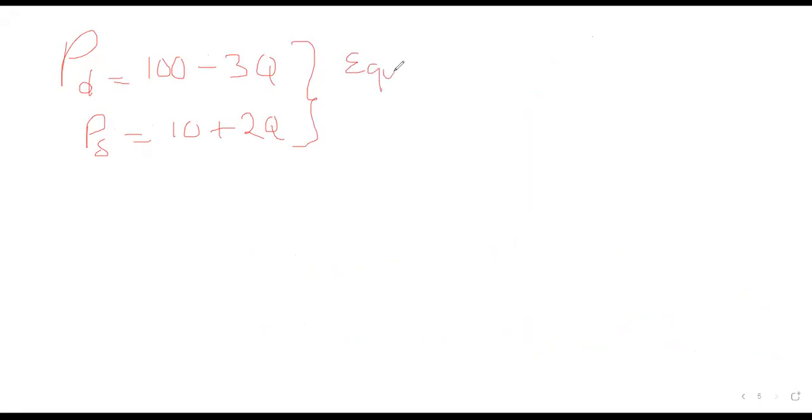How do we find equilibrium? We know the principle under which equilibrium holds. When does equilibrium hold? When demand is equal to supply. So our demand is 100 minus 3Q. Our supply is 10 plus 2Q.